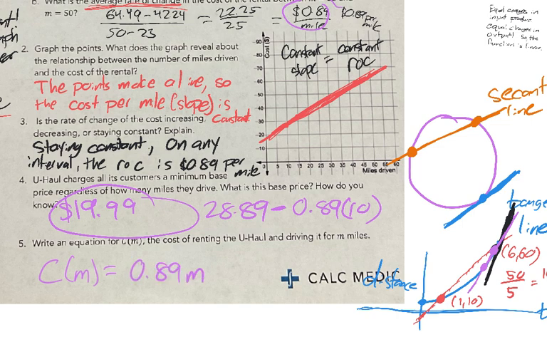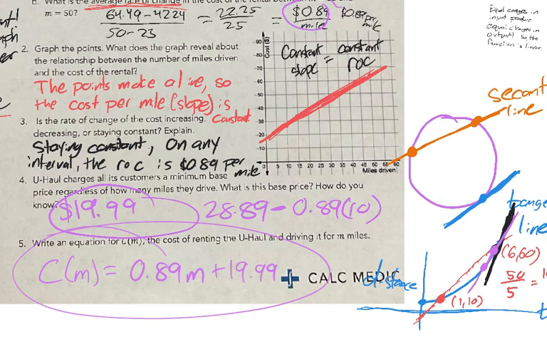We're going to use M instead of X just because they ask us to. 0.89M plus 19.99. I was looking for slope-intercept form, right? We knew the slope was 0.89. We found the y-intercept was 19.99. And so this would be the equation of that situation.